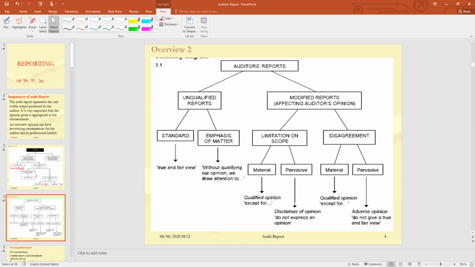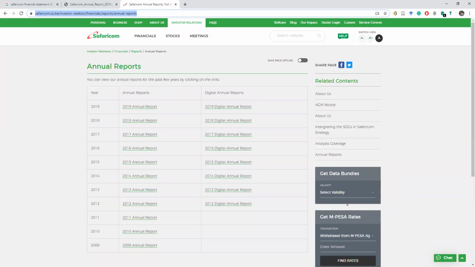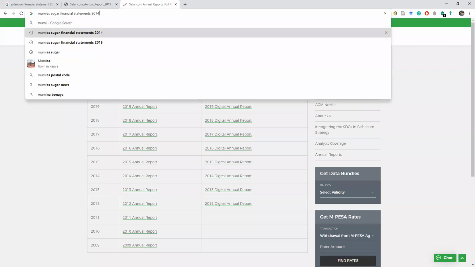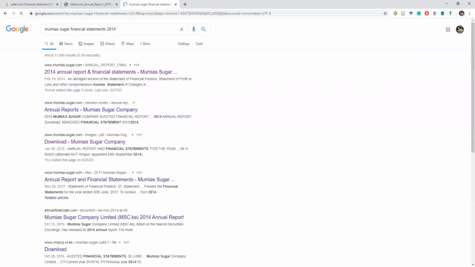Now let's go back to the opinion we had on Mumias Sugar. Let me share my screen. Hope you can see it. I want to assess Mumias Sugar's financials for the year 2014. It is a modified report.